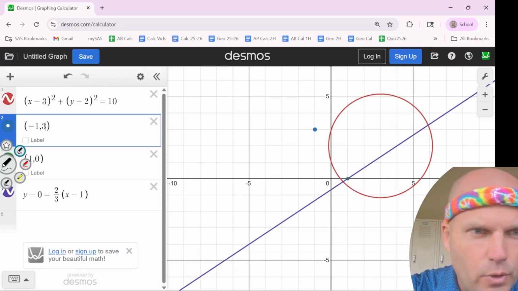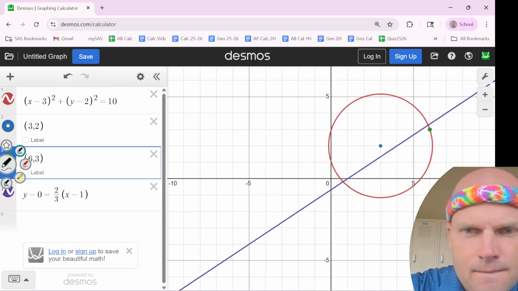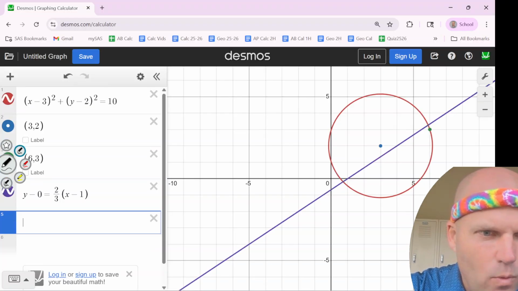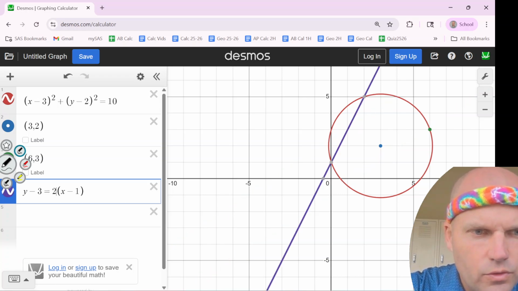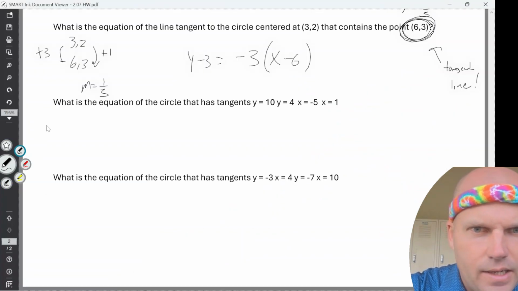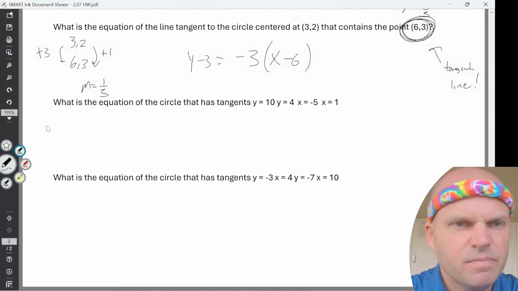I can see the point (3, 2). I can see the point (6, 3). And I can check that y − 3 = −3(x − 6) is tangent. It's just beautiful to be able to see.